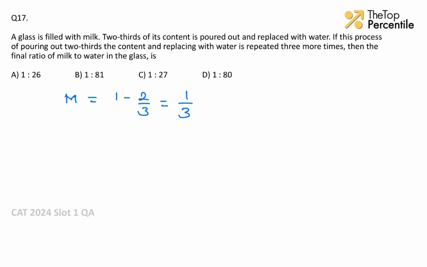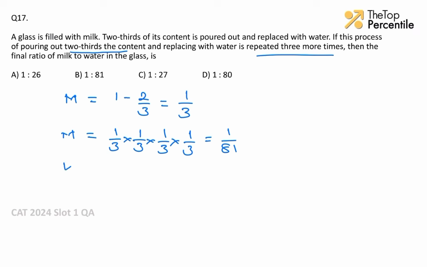Now this process of pouring out two-thirds of the content is repeated 3 more times. So the quantity of milk after 4 iterations will be 1 by 3 into 1 by 3 into 1 by 3 into 1 by 3. This will be 1 by 81. So milk in the glass is 1 part from 81 parts.